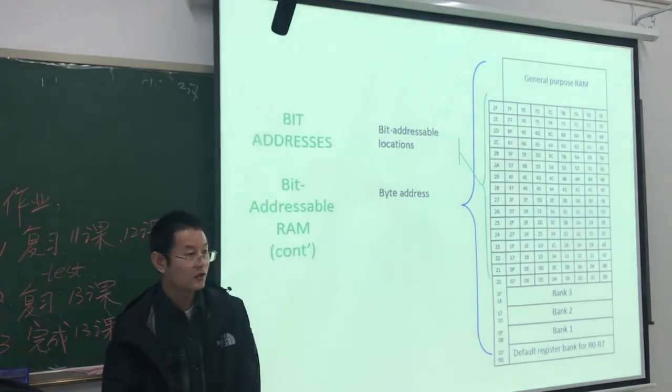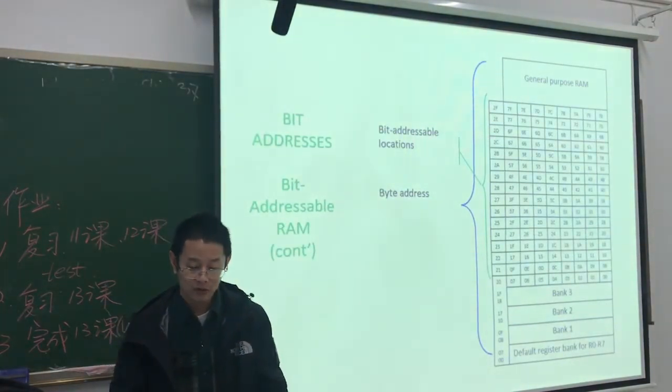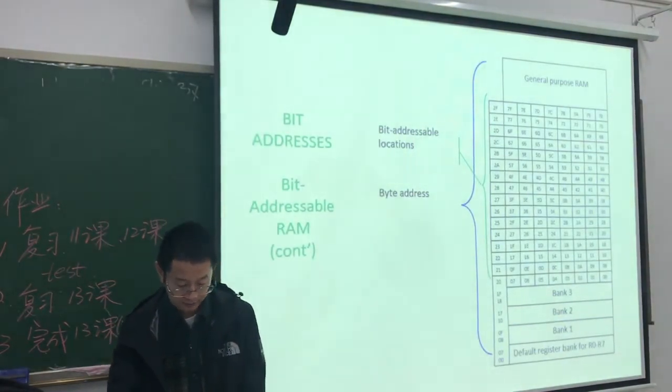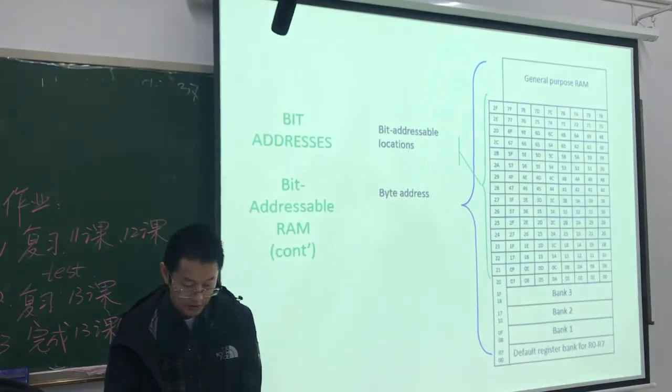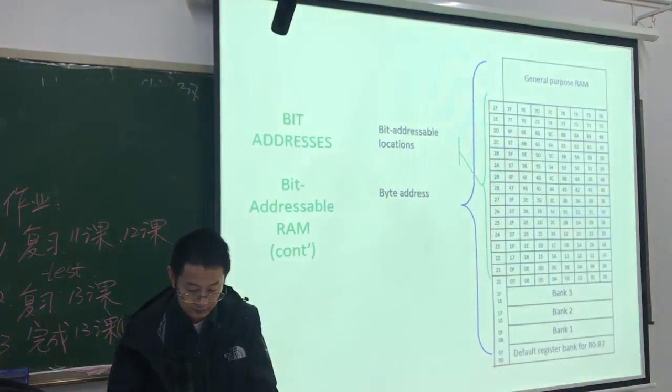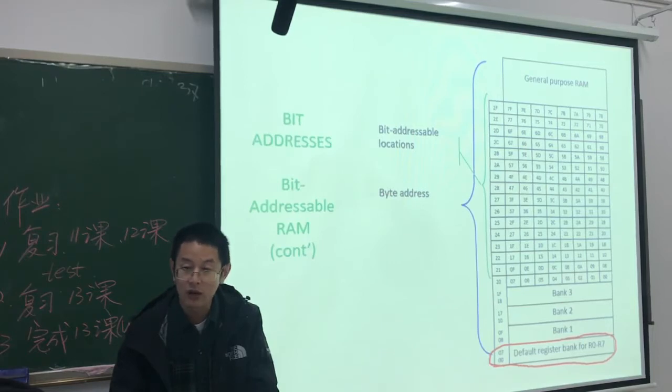Here is a map of your memory. You can see here is bank 0 when you power on your microcontroller. Here are banks 1 to 3, which we need for the stack.